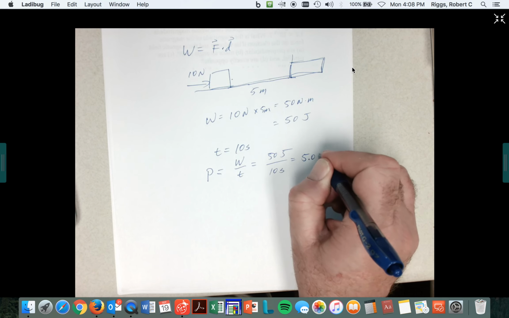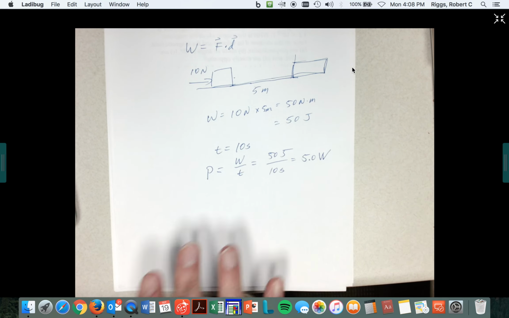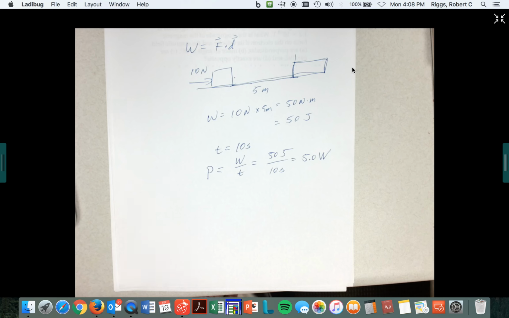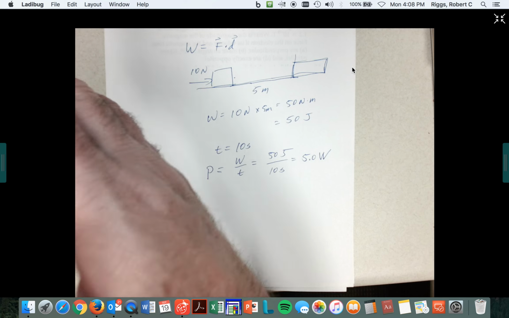Now, an interesting thing, the physicist named James Watt, who the watt is named after, actually gave us the old horsepower. Basically, what Watt did was he hooked up an old plow horse there in Scotland to a plow and said, okay, take it 100 meters.